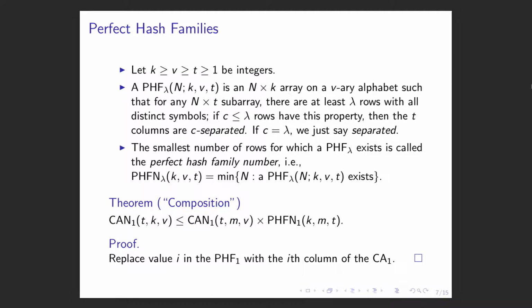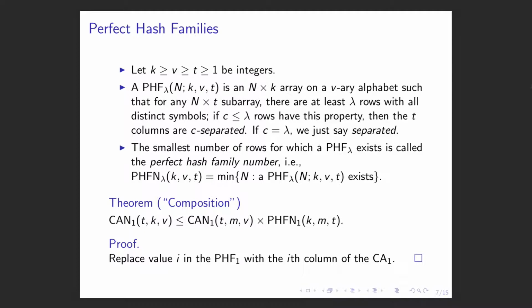So if I want to make a covering array out of this, then we have a bound that looks like this, and the proof is pretty simple. You take value I in the PHF, and then you copy and paste column I in the covering array, and verification is routine from that. You actually get k columns, because you have k columns before and you just replace a value with a column, and in fact you get a covering array of potentially many more columns.